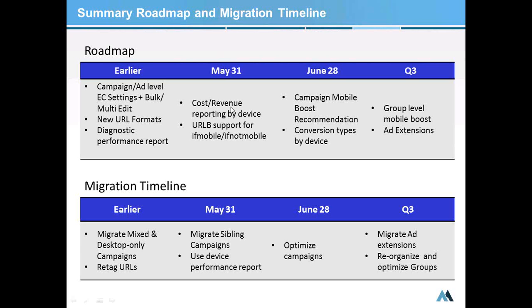In tomorrow's release, we have total conversions, and then in the next one, we would have conversion types. And then we are working on group level mobile boost to add it as a setting for you to be able to bulk edit it. And also we're working on reporting, so stay tuned for that.